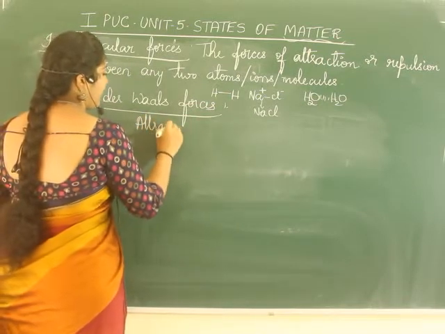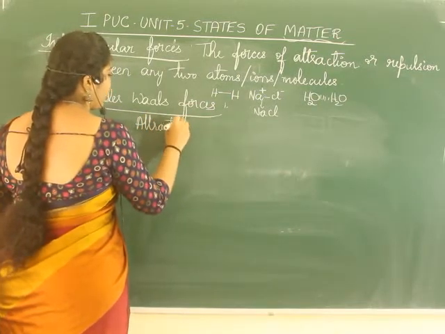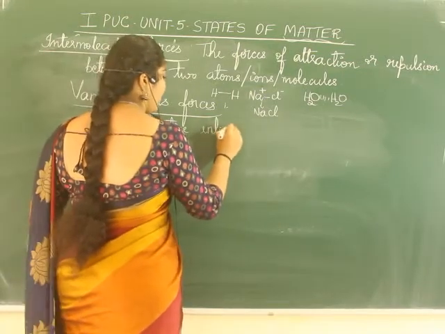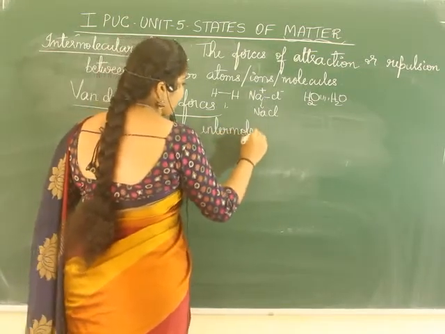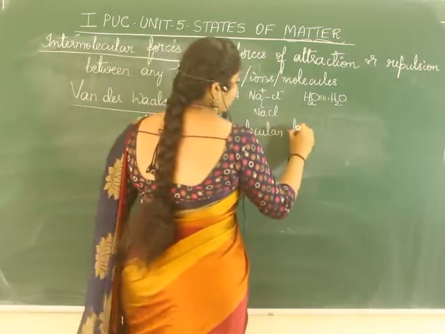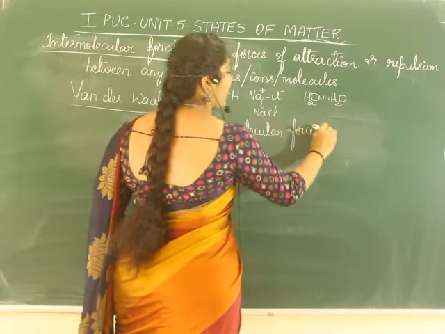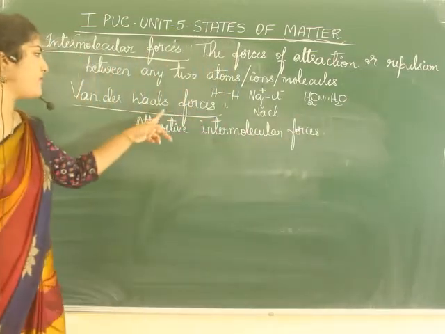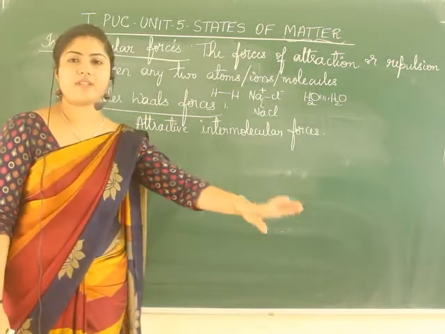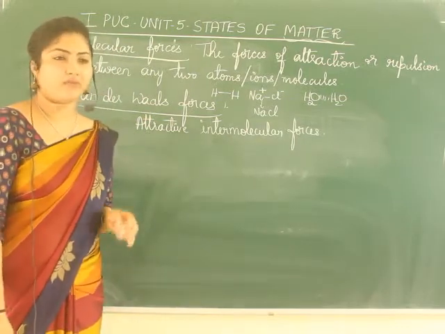Attractive, I have told you, isn't it? There are two types, so either attraction or repulsion. So if it is attractive intermolecular forces, then you call it as van der Waals forces. What is van der Waals forces? Attractive intermolecular forces are called as van der Waals forces.